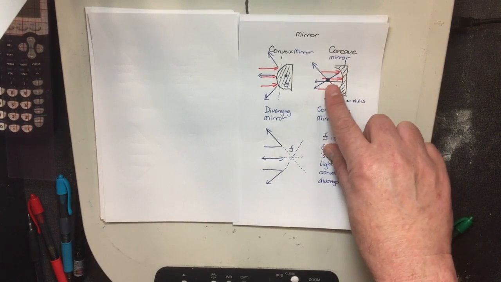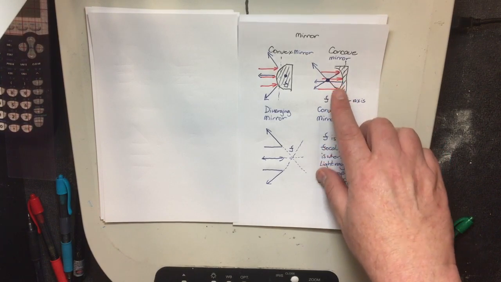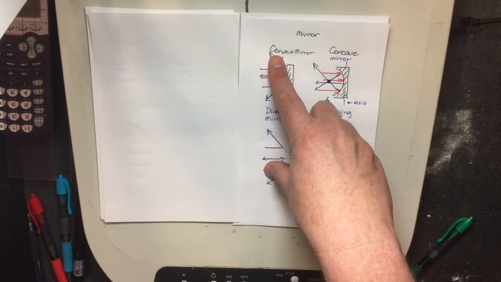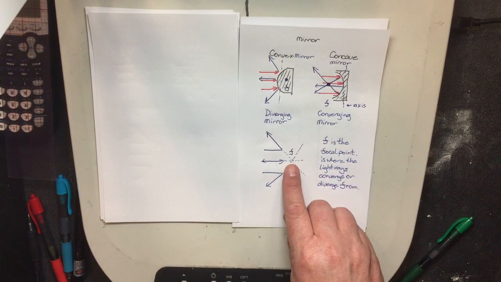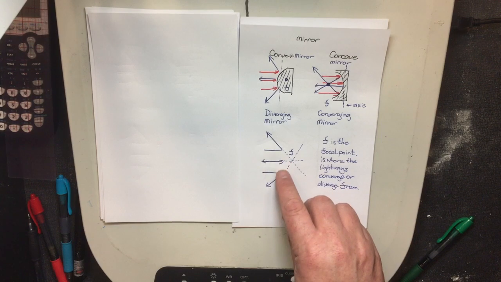In this case, they converge here. In the case of the diverging mirror or convex mirror, it looks like the rays are going away from that point.